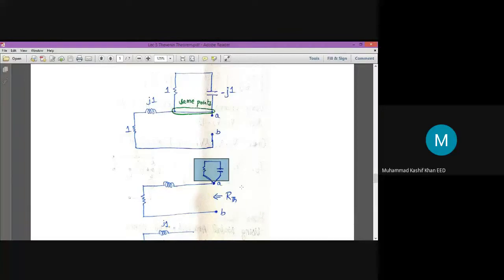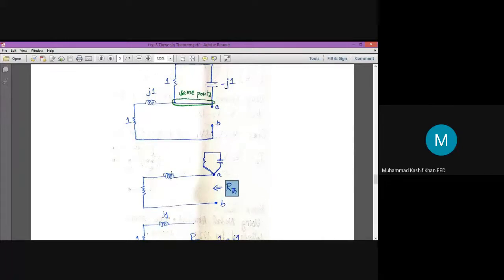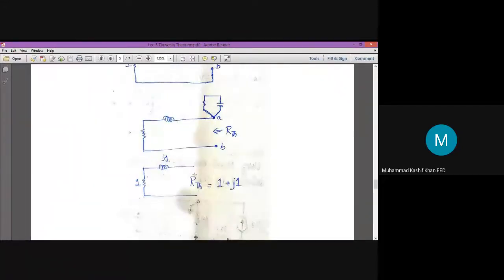The Thevenin equivalent impedance, sorry, this is not RTH, this is ZTH. The Thevenin equivalent impedance in this case will be equal to the series combination of this inductor and resistor, which will be equal to 1 plus j1.